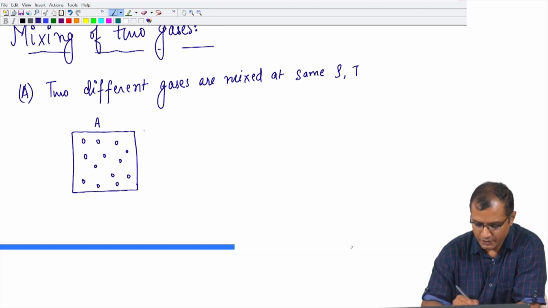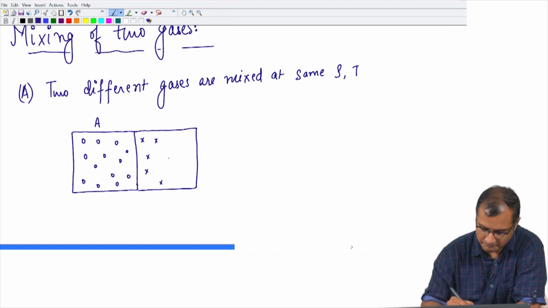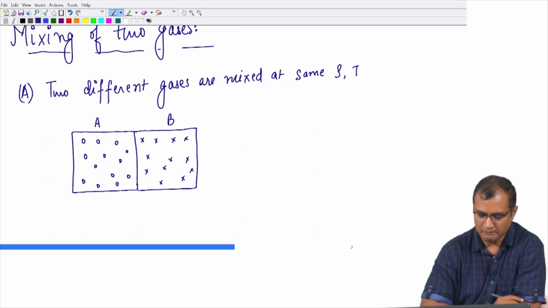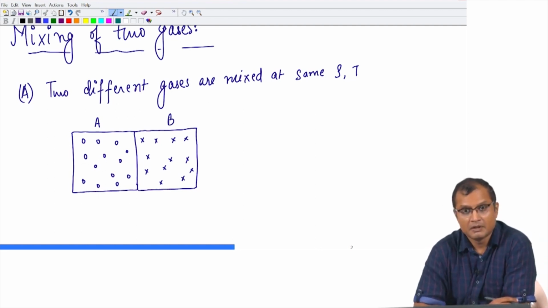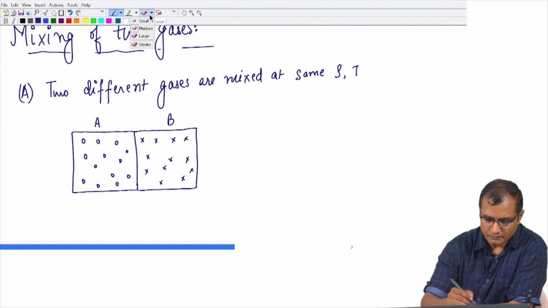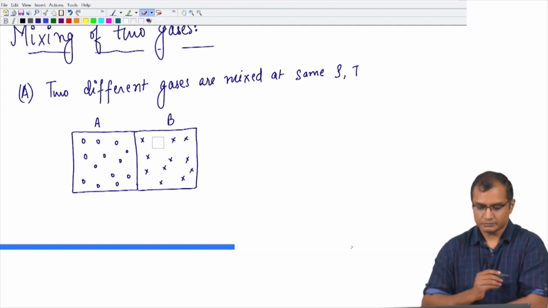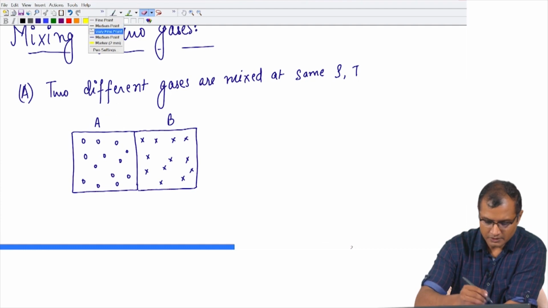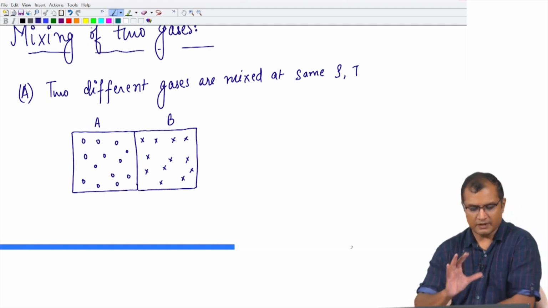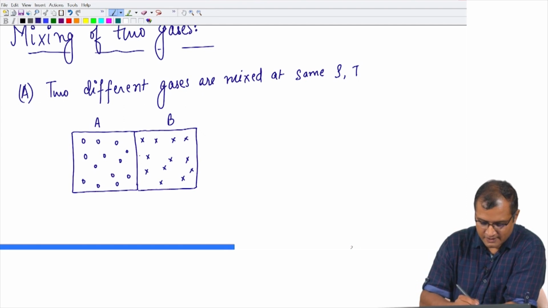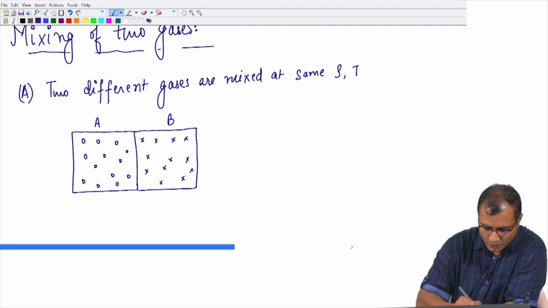And you take in another chamber gases of type B. Now, these particles are of different types, so let us say there is a shutter in between which can be opened and closed.